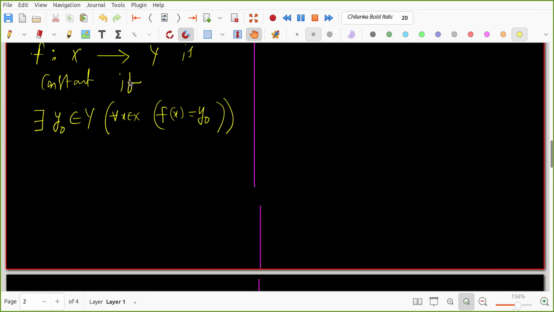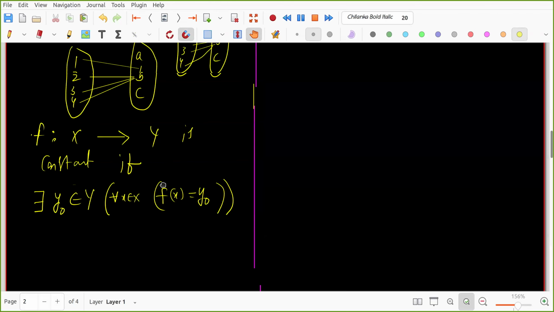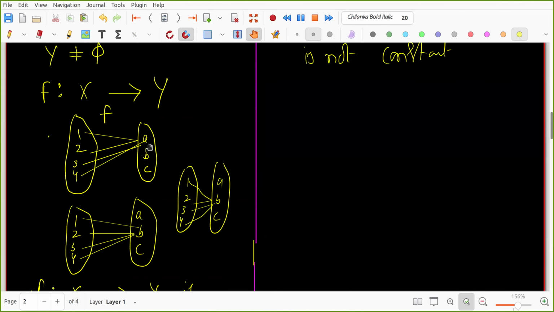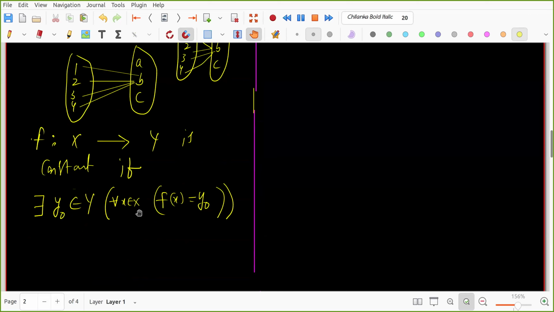I told you yesterday, do not underestimate the power of the constant function. So constant function means we choose an element in Y and all elements in X are mapped to that. There exists a y naught such that, given any x in X, f of x equals y naught. This is the constant function.